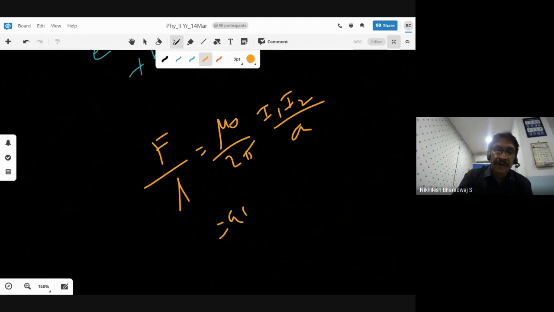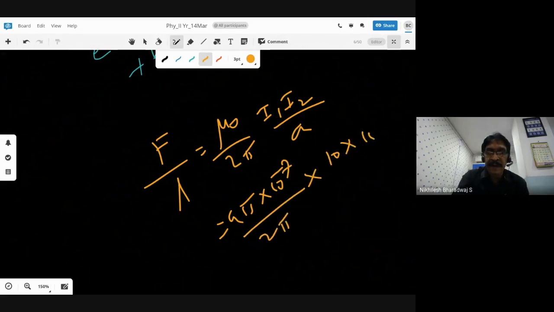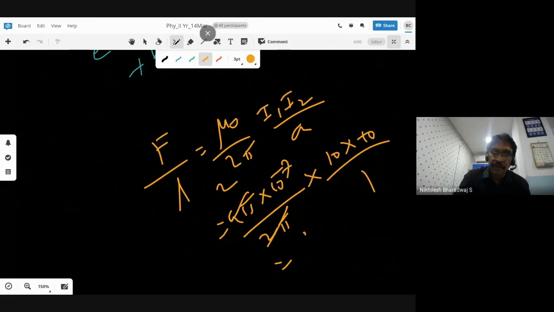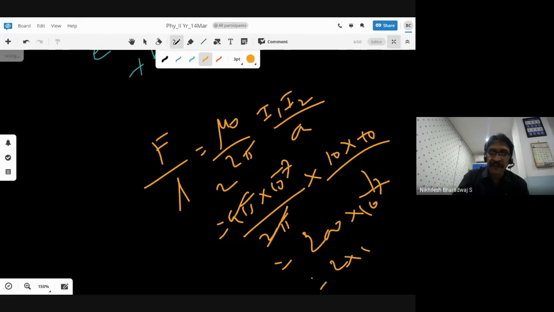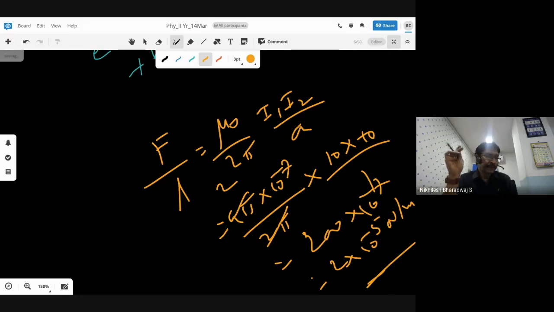Mu naught 4 pi into 10 to the power of minus 7 by 2 pi into 10 by 1 into 10. The pi cancels, 2's cancel, 100 into 2, 200 into 10 to the power of minus 7. That is nothing but 2 into 10 to the power of minus 5 Newton per meter. That is the answer.